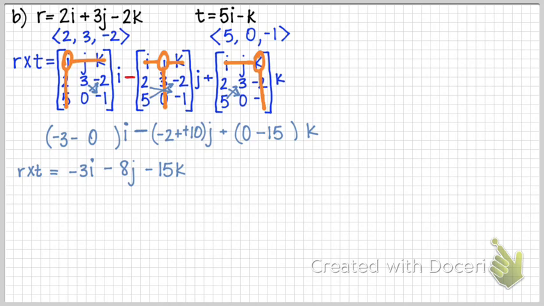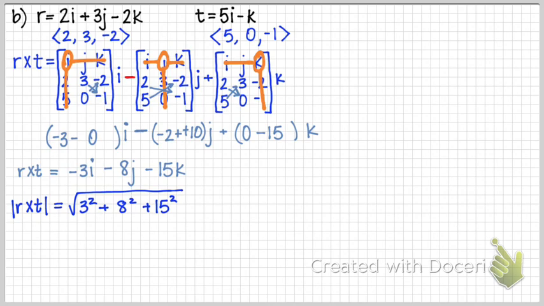Okay, so now to find the unit vector of this, we need to find the magnitude of this vector. So we'll have to take 3 and square it, plus 8 and square it, plus 15 and square it. I did not think ahead. Grabbing a calculator, sorry.